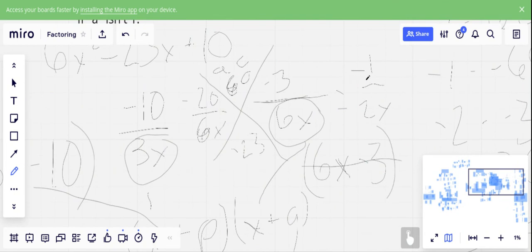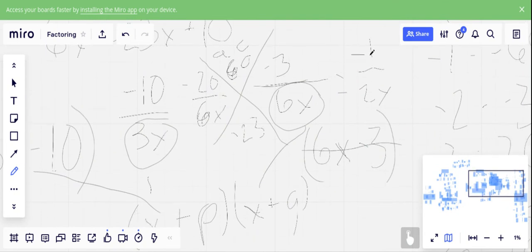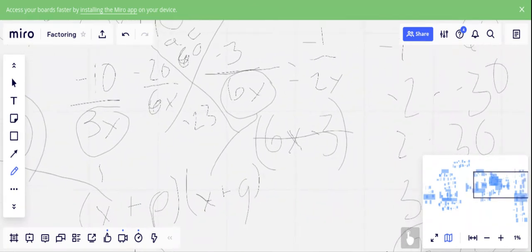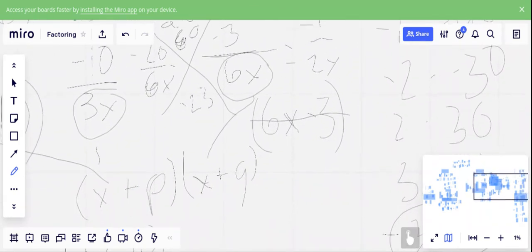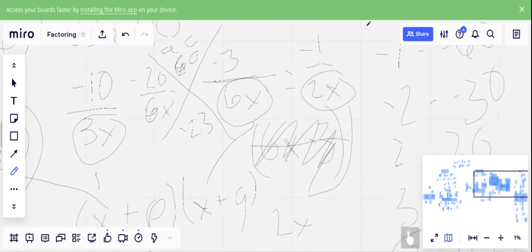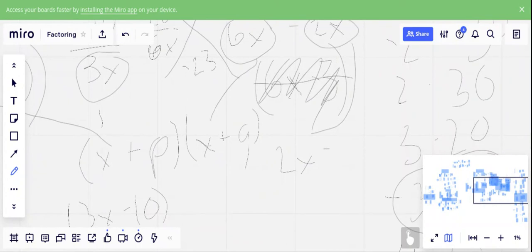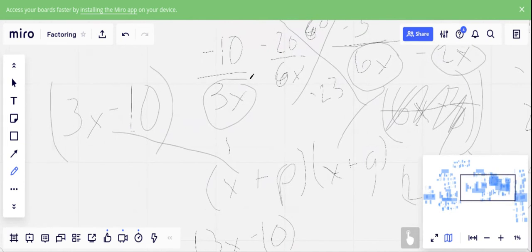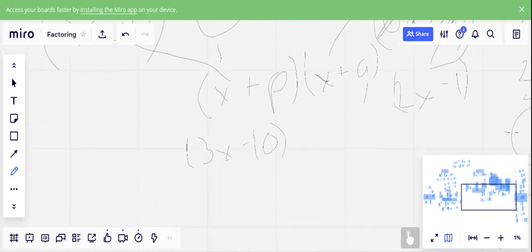My bad. We simplified it, and it's negative 1 over 2x. So that's why I was confused. Now we have to use the simplified form. So this 2x would replace the x term, and the numerator would become the p or q, so negative 1. So our two terms are 3x minus 10 and 2x minus 1.